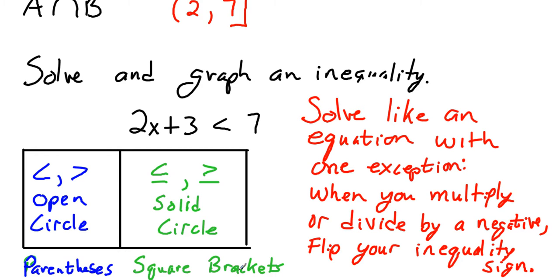Okay, so we're at the bottom of the page. Let's take this 2x plus 3 less than 7. We'll go over on another sheet here and start this one and go through it. Okay, so that's what we're going to solve and graph.